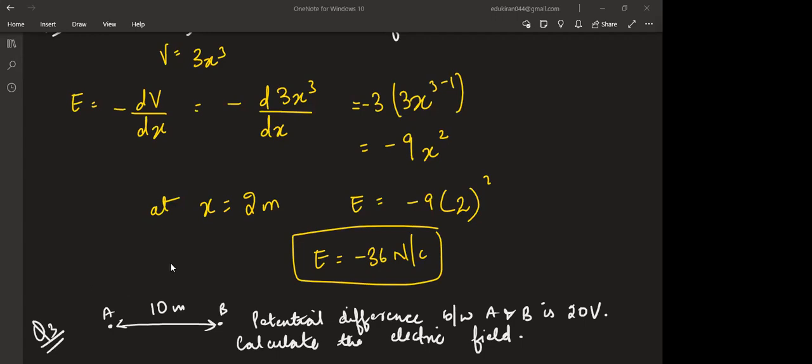Yes, Madiha. Third question's answer is also right. Yes, Tari, please. In your assignment also, these types of questions will be given. Meanwhile, try this. Potential difference between A and B is 20 volt. Calculate electric field. This is a very easy question, very easy. This will just take few seconds to calculate because values are also given easy.